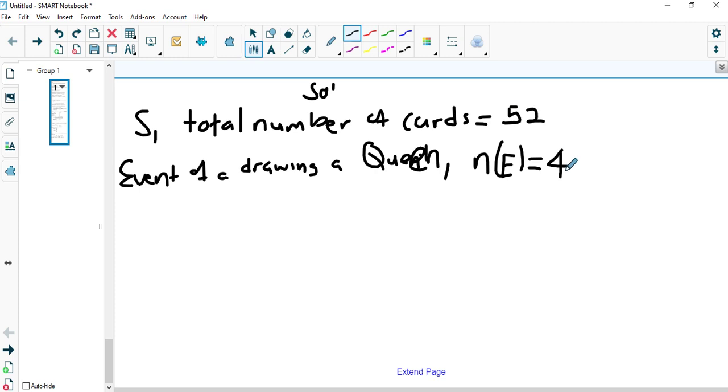Remember, from this step you can apply the formula.